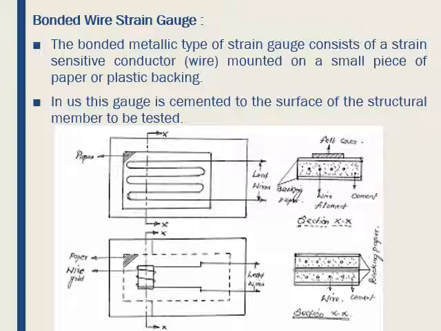The grid can also be made from thin metal foil. The assembled gauge is bonded to the surface with a thin layer of adhesive and finally waterproofed with a layer of wax or lacquer. The grid experiences the same strain as the material to which it is bonded.